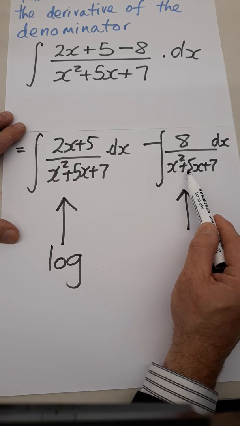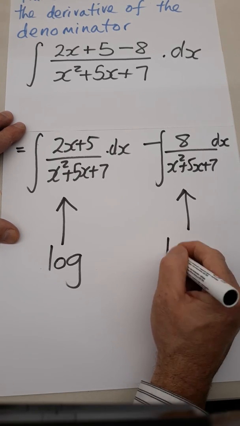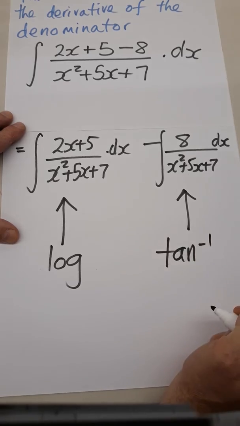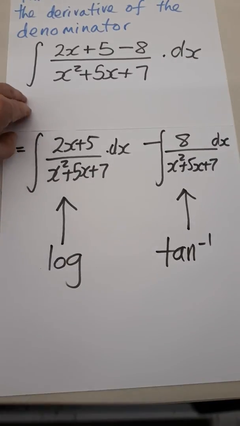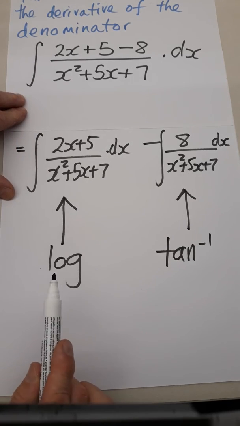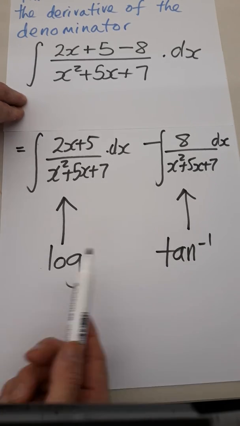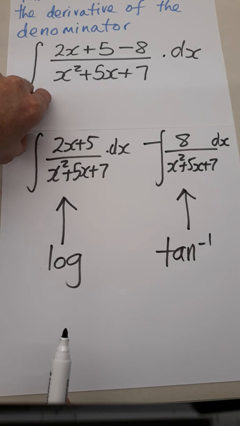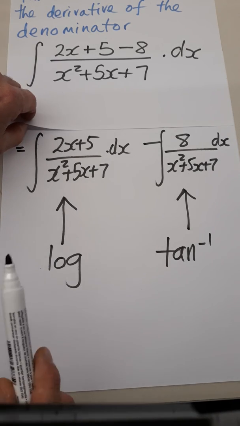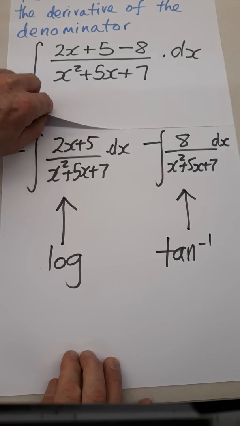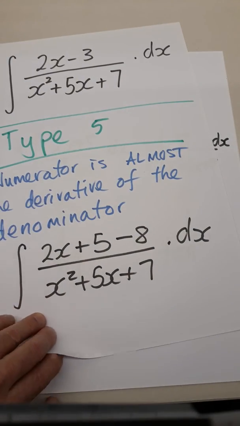I'm going to spend some more time on this particular one later and work it out, but I want to run you through the different types that we're going to come across. We'll come back and focus on some of these ones that we've got up to so far. We're up to type 5.